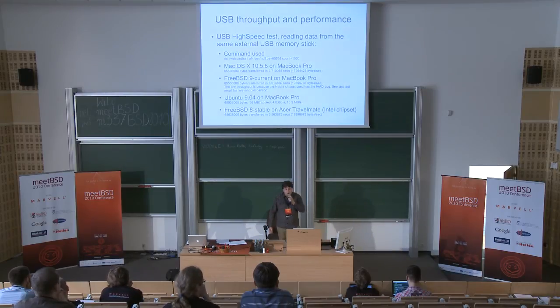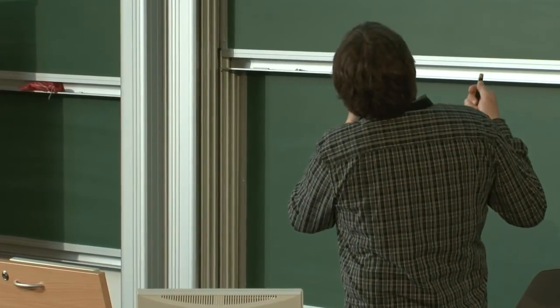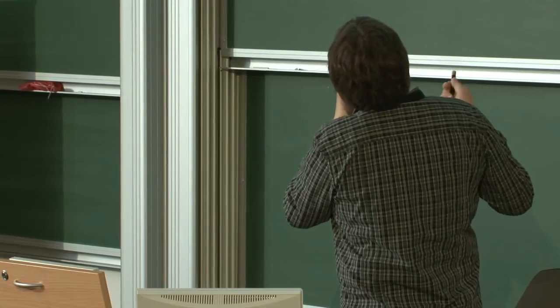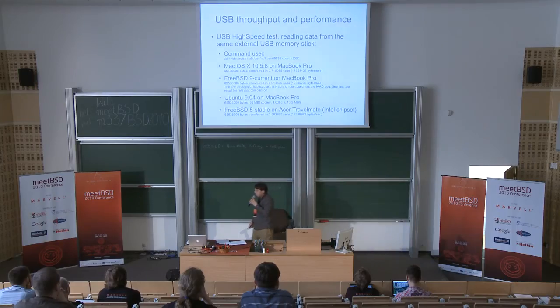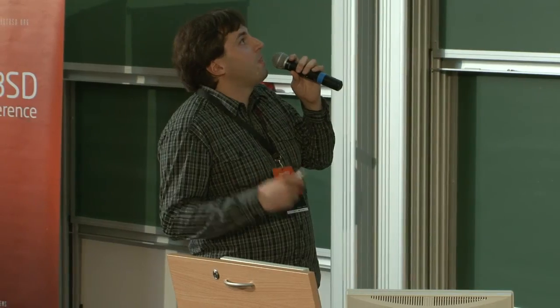So far, no one has really complained that the throughput went down, but this test just shows that you might be unlucky with the choice of hardware and get bad throughput. But it doesn't mean that there is a problem in the USB stack itself. It's usually a hardware problem.